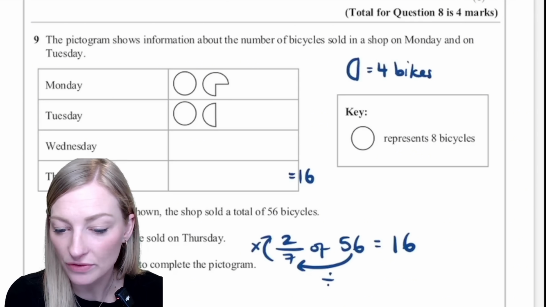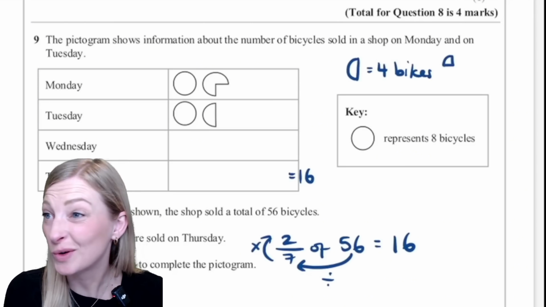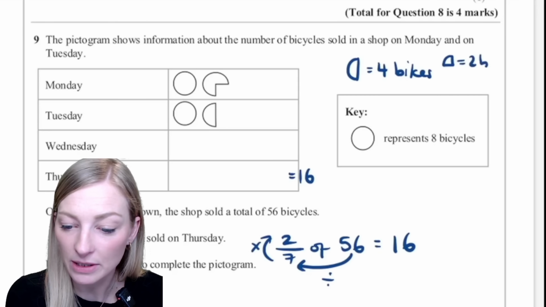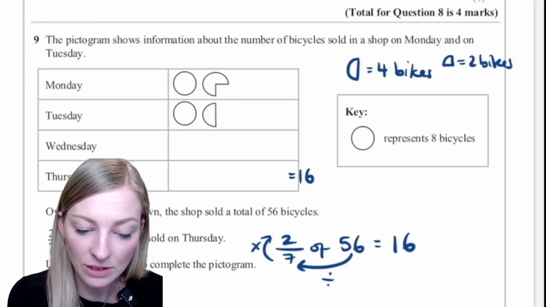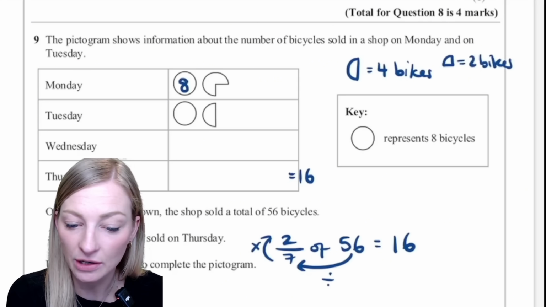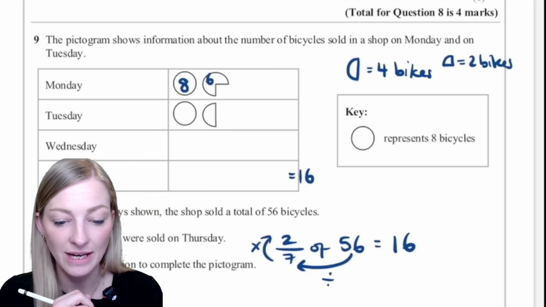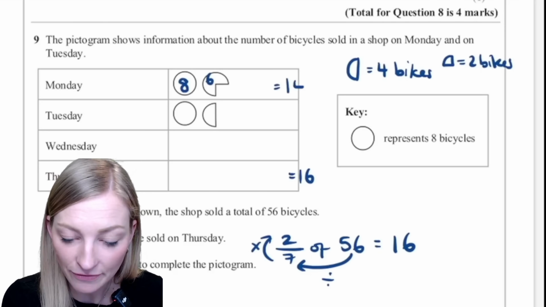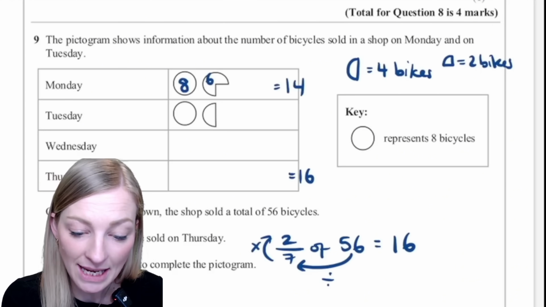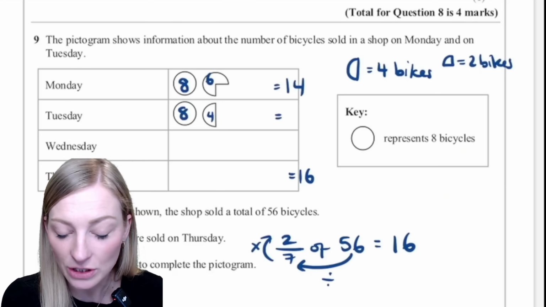And a quarter of a circle would be a quarter of 8, so 2 bikes. So when I see this on Monday, I've got 8 for the full circle, and then I've got 4 and 2, so this is 6. 3/4 of 8 is 6, so that one is 14. I then on Tuesday have 8 and 4, so that is 12.